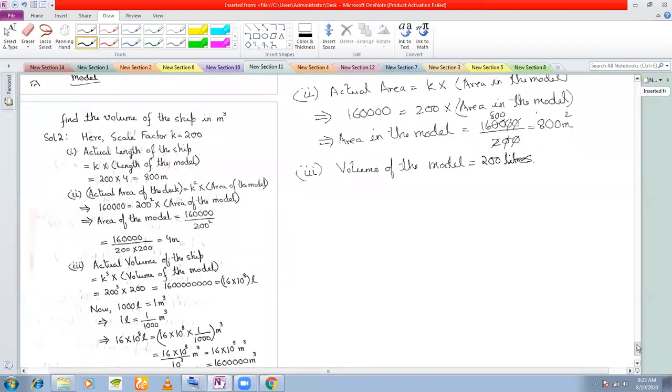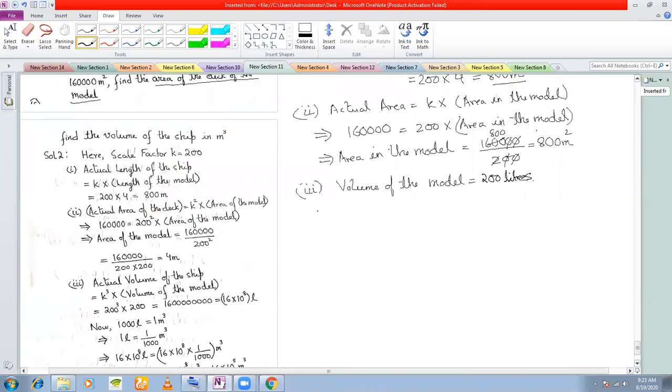Fine. So what do we have? Actual volume we know is k cube into volume in the model. So therefore, what is the actual volume? 200 is the scale factor.